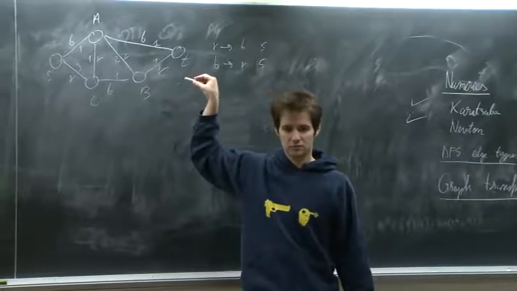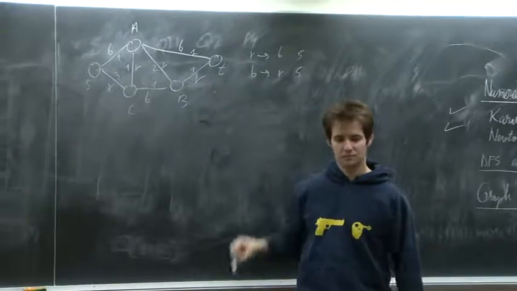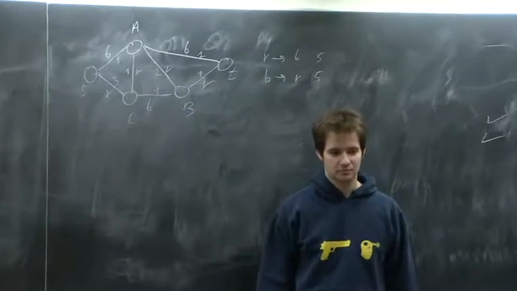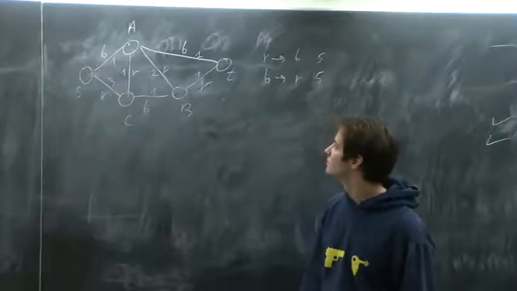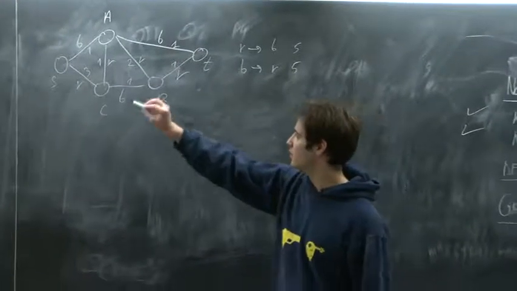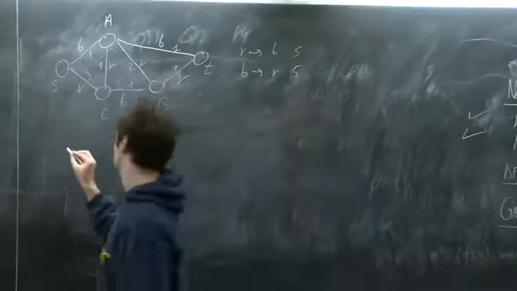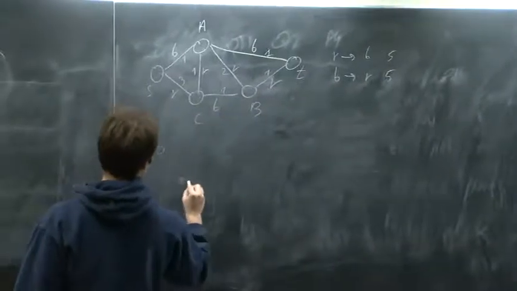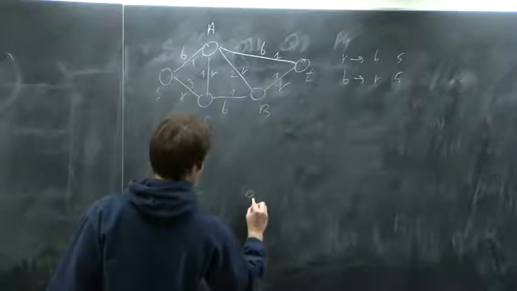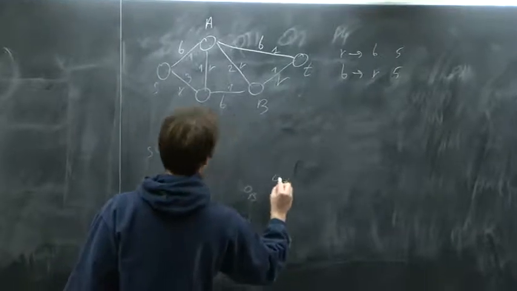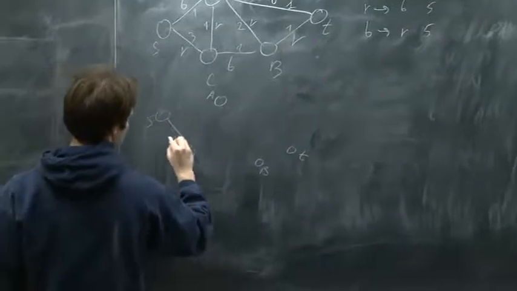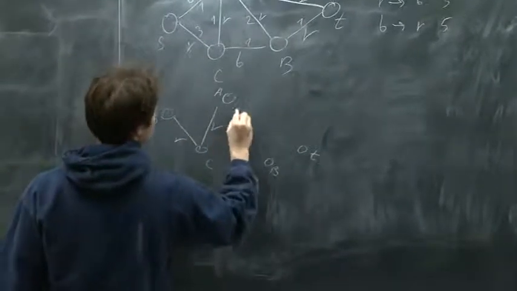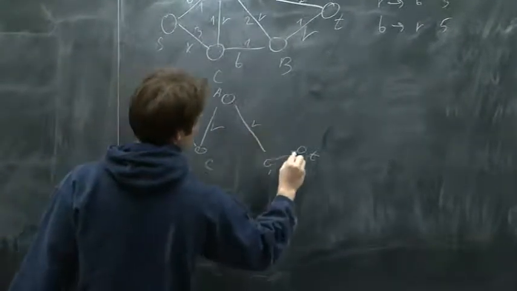I guess you create the path from S to T just using the reds. Okay, so I'm going to copy everything and use the reds. So S, C, B, T, A, and I'm only going to use the reds. So red, red, red, red.